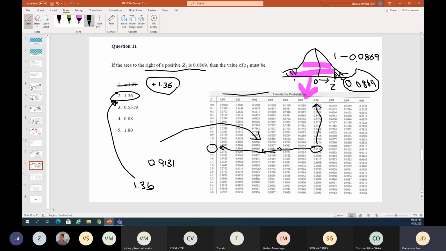And this is a nice one to see how you can use the negative Z table and the positive Z table.